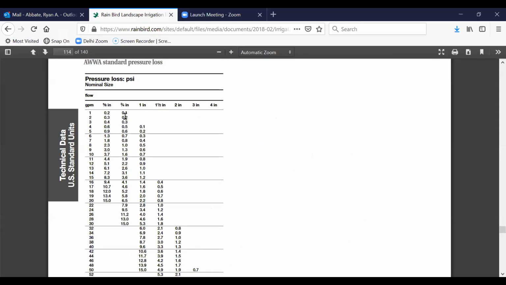We can't exceed 7 PSI. For the 1 inch that we're going off, it's 34 gallons per minute. So 7 PSI loss we cannot exceed, so 6.9 is our max. So 34 gallons per minute.